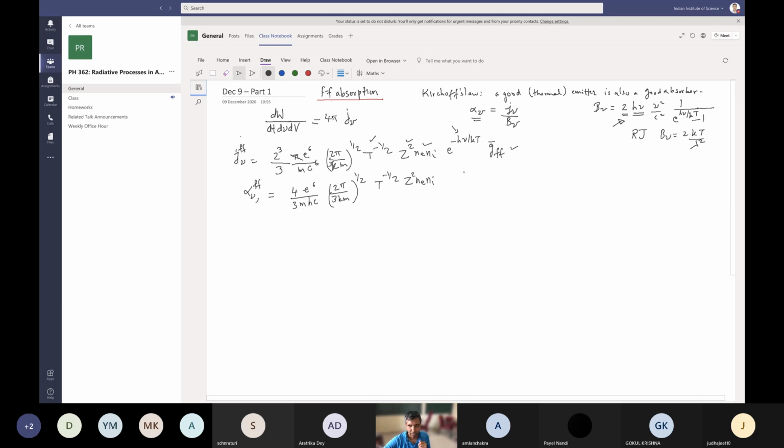Okay. Now we have nu to the minus 3 because of the nu cubed in B nu. And so the ratio of this and, right, the 1 by e to the h nu by kT comes to the numerator, so you have 1 minus e to the minus h nu by kT.